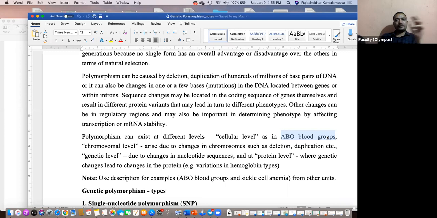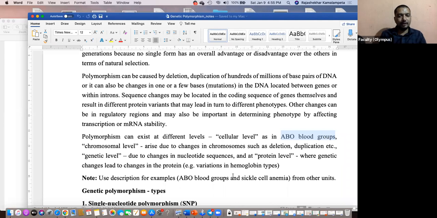RBCs in different people carry different antigens. So at the level of the cell, we are seeing polymorphism, correct? That is called cellular polymorphism. I want you to just be aware of the different levels of polymorphism.